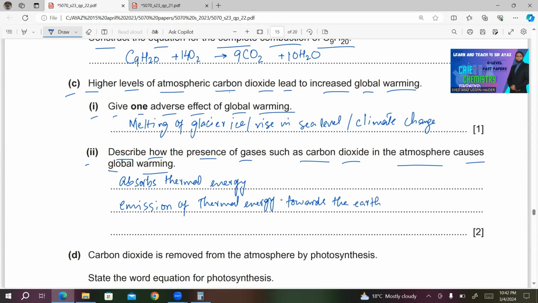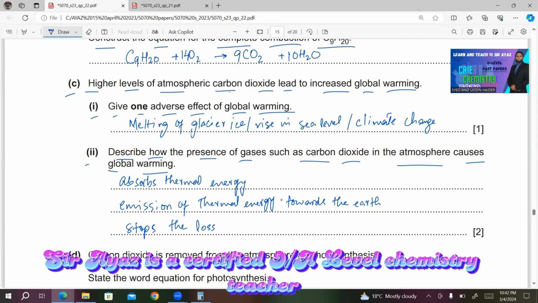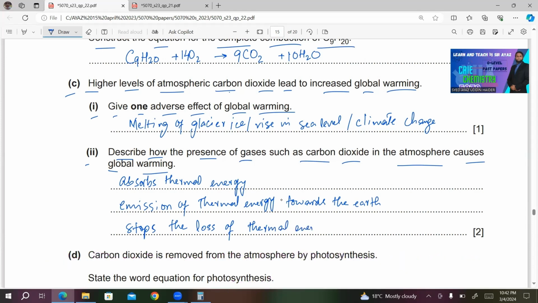In this way, it prevents the loss of thermal energy into space.